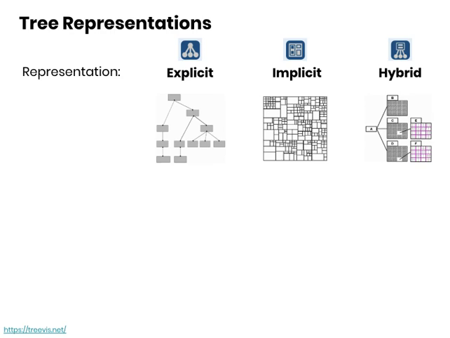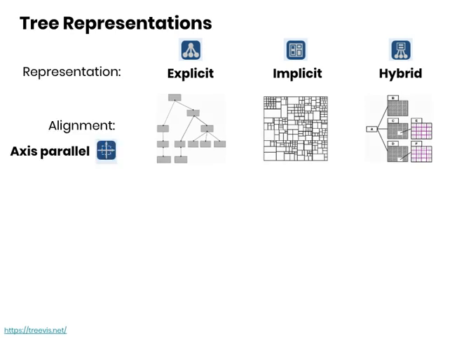Now, the examples that you see here are axis parallel. So what is important here is that, as I said, the root node is on the top and the children go to the bottom, or the root is on the left and children go horizontally.